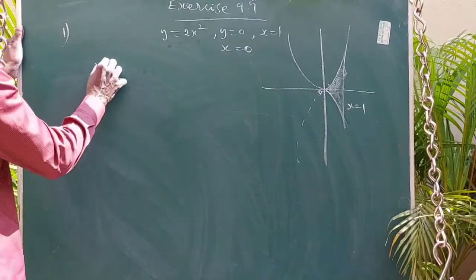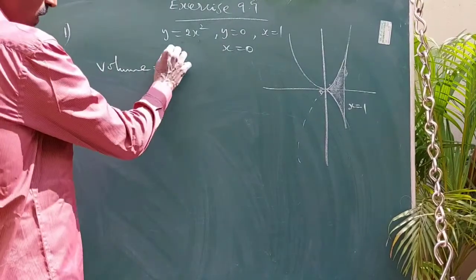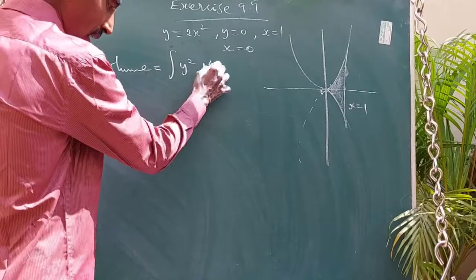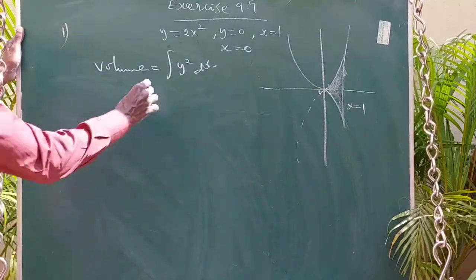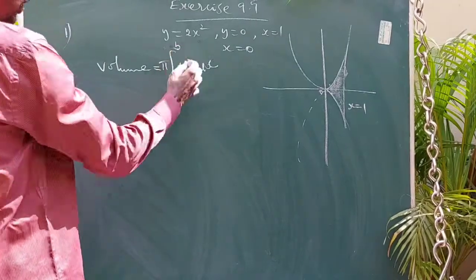The volume is obtained by the formula, with respect to the x axis, pi integral a to b of y square dx.